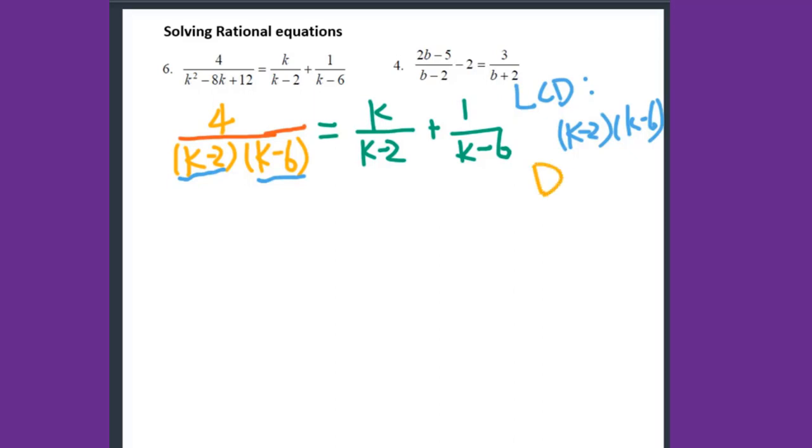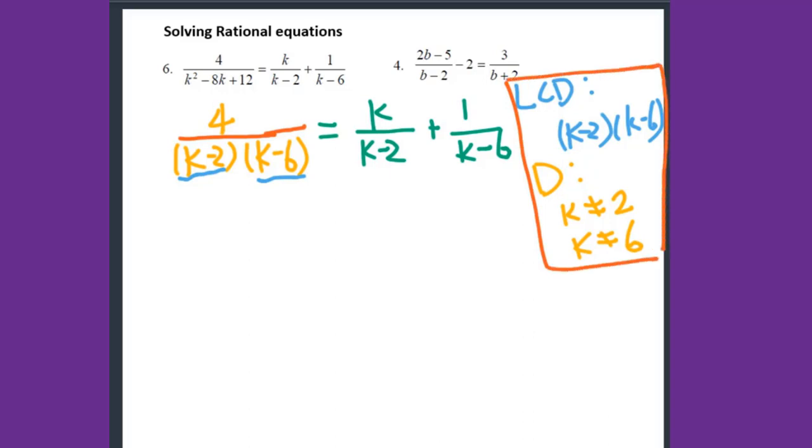What's the domain for this equation? Just check each term. We get k not equal to 2 and k not equal to 6. Have this ready. Then we need to multiply both sides by the LCD.